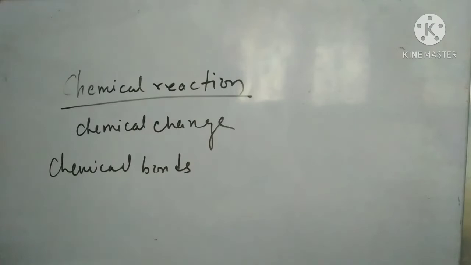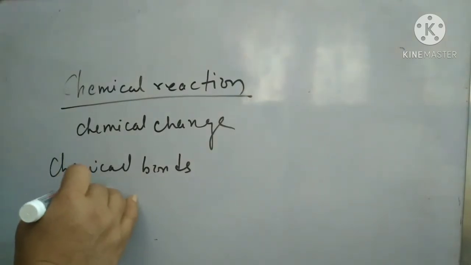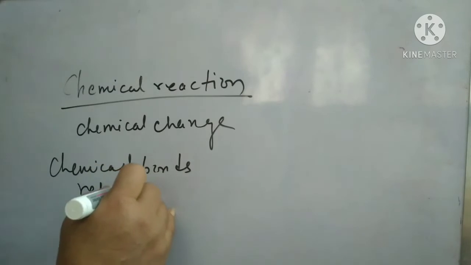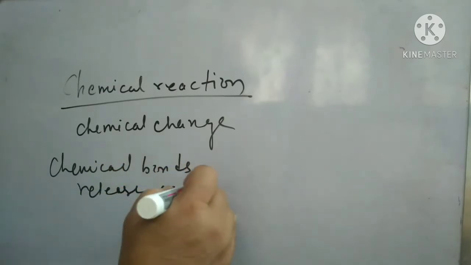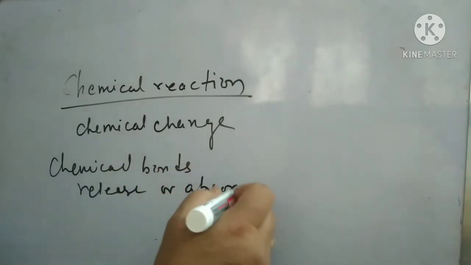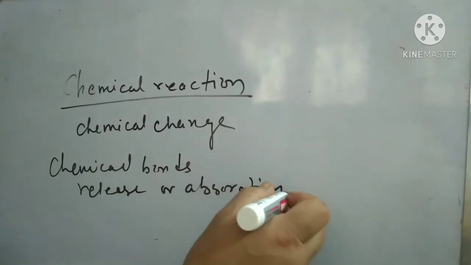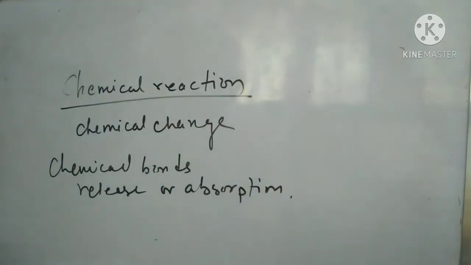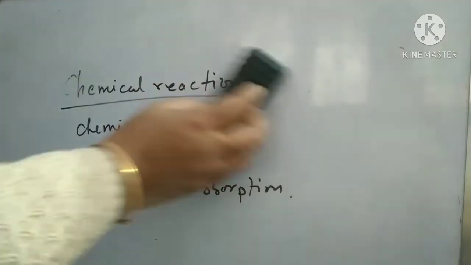They form new bonds, and by the formation of new substances, either release of heat or absorption of heat takes place. So, in this way, the chemical reaction takes place.